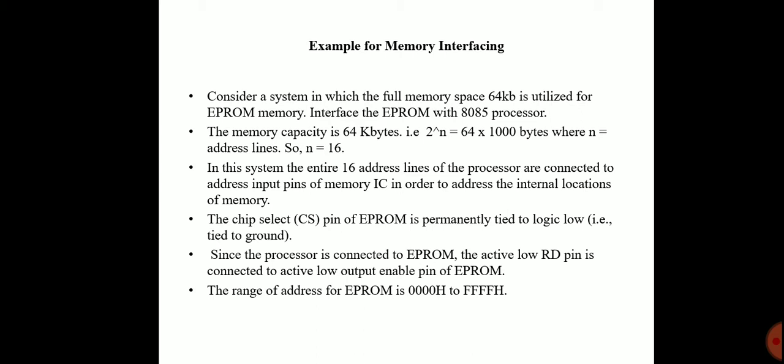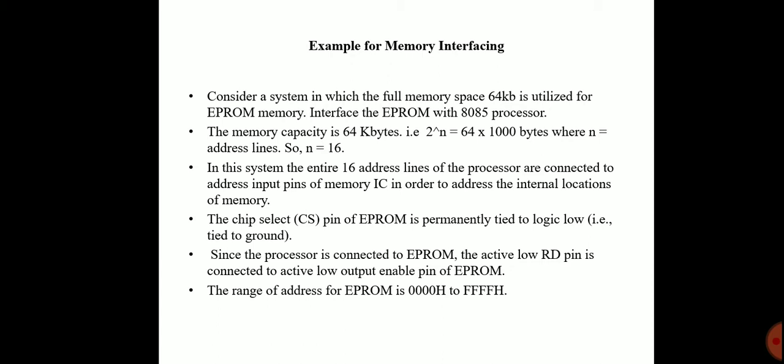The chip select pin of the EPROM is permanently tied to logic low, that is tied to ground. Since the processor is connected to EPROM, the active low RD pin, that is the read pin, is connected to the active low output enable pin of the EPROM. Finally, the range of addresses for the EPROM is 0000H to FFFFH.